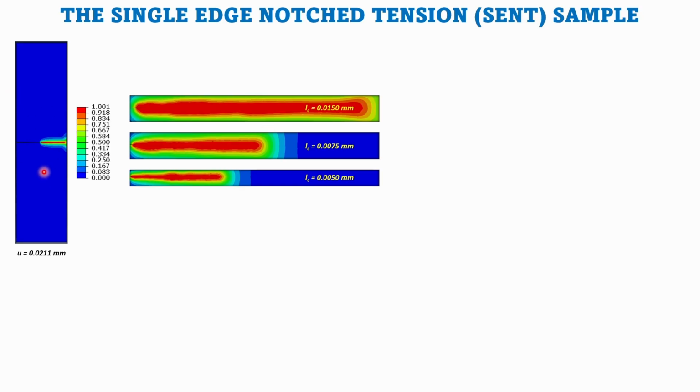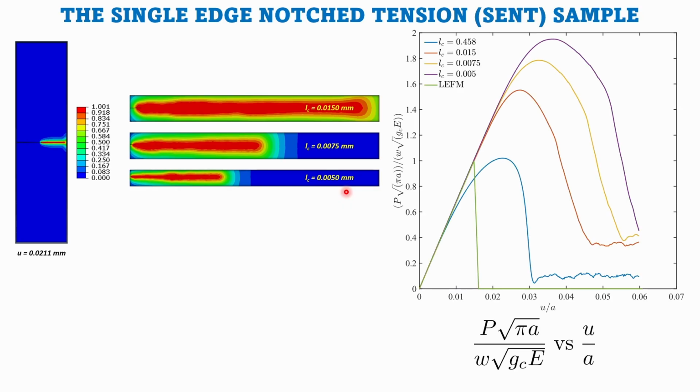And for the SENT specimen, we expect that the crack will go perfectly horizontal. And this is a variation for different LCs. Okay. Now, as I said, from our parameter identification, our LC was calculated to be 0.458.